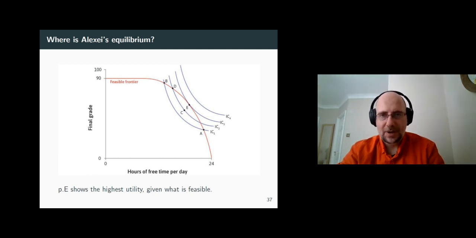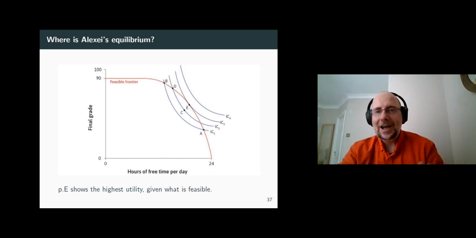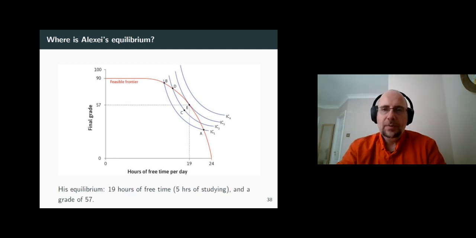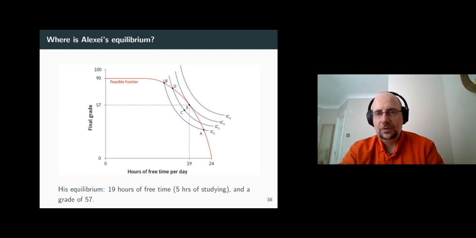First, it maximizes utility, and second, it is feasible. So point E sits on the highest possible indifference curve within the consumer's feasibility constraint. When a consumer has reached a point like that, we know that they're in equilibrium. The equilibrium for RLXA in this case is 19 hours of free time and 57 grade points.